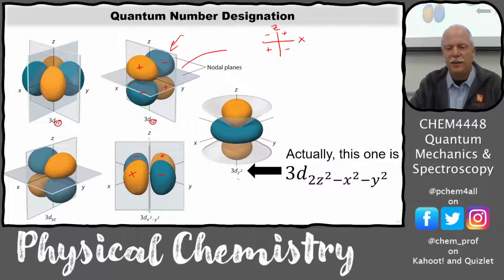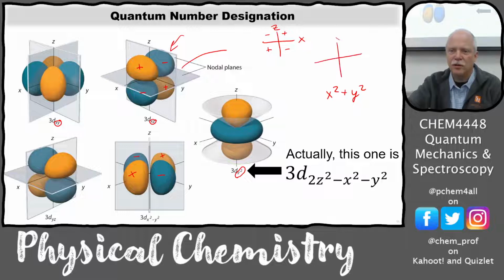And then this, we always get lazy and call this the dz squared orbital. But it's actually the 2z squared minus x squared minus y squared orbital. Now, if I were to write out x squared plus y squared, that's the equation for a circle.